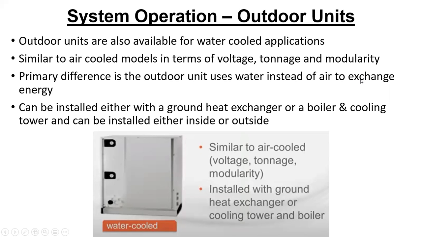The primary difference is the outdoor unit uses water instead of air to exchange energy with the environment. They can be installed with either a ground loop heat exchanger or boiler and cooling tower, and can be installed either inside or outside. There's a little picture.